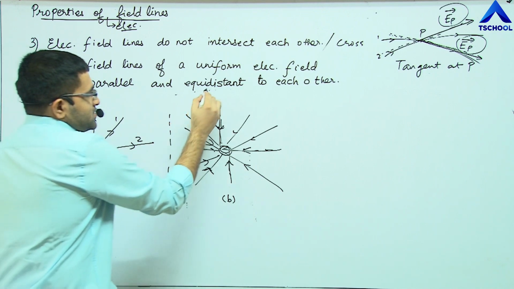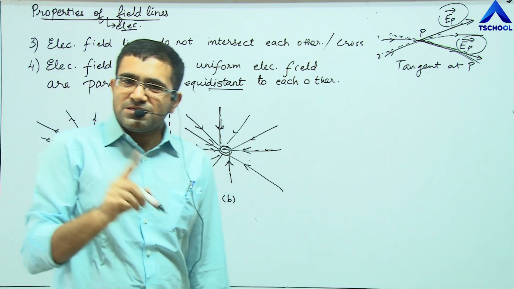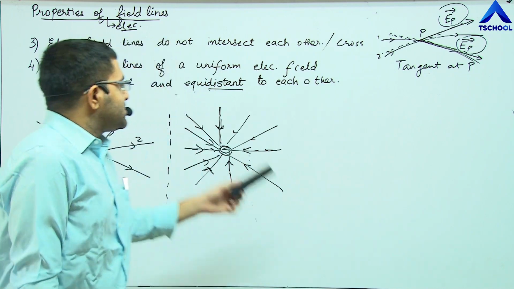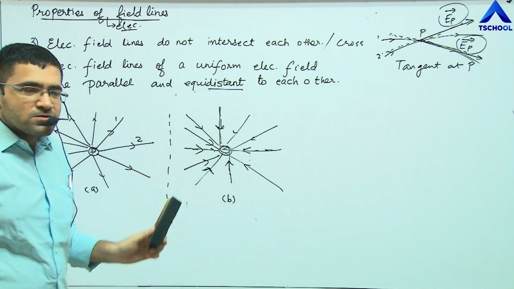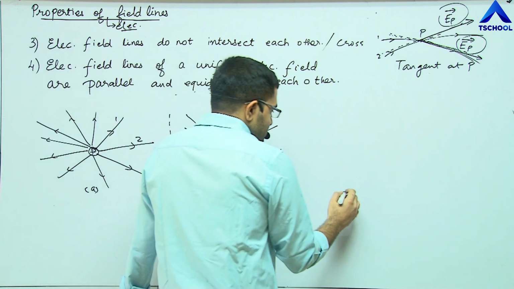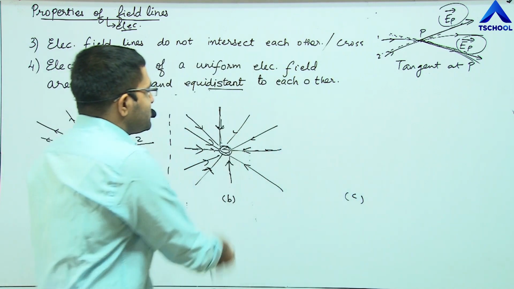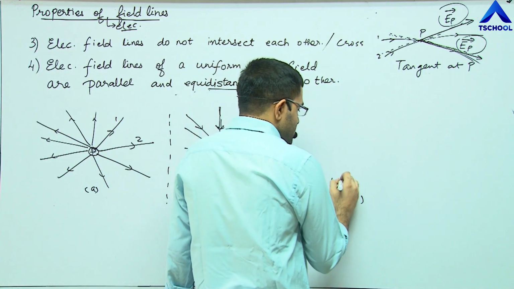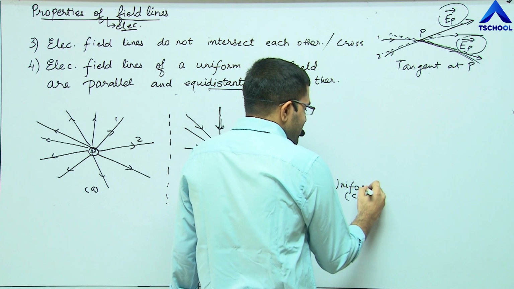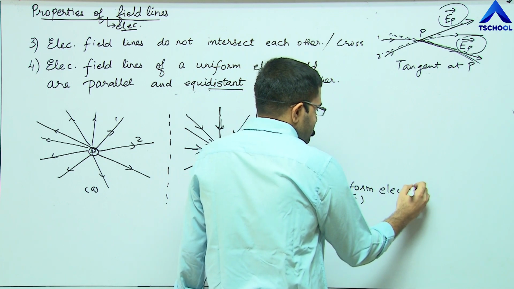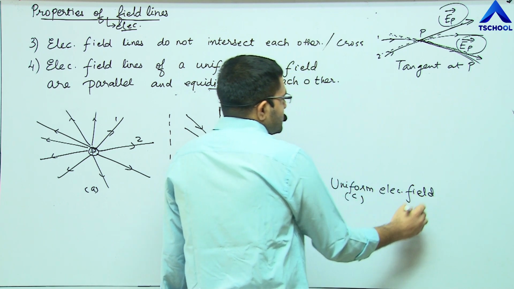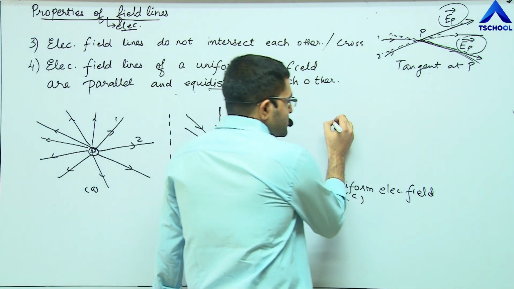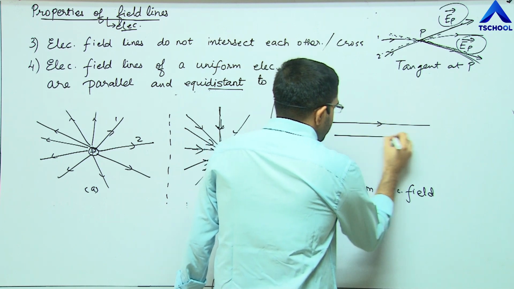First of all, let's attack this word. Equidistant means at equal distance from each other, and I'm sure you know what is parallel. So let me draw a diagram that represents what we have here. Okay, so suppose that this is a uniform electric field. Let's say we're drawing a diagram for uniform electric field. Then this is what it would look like.